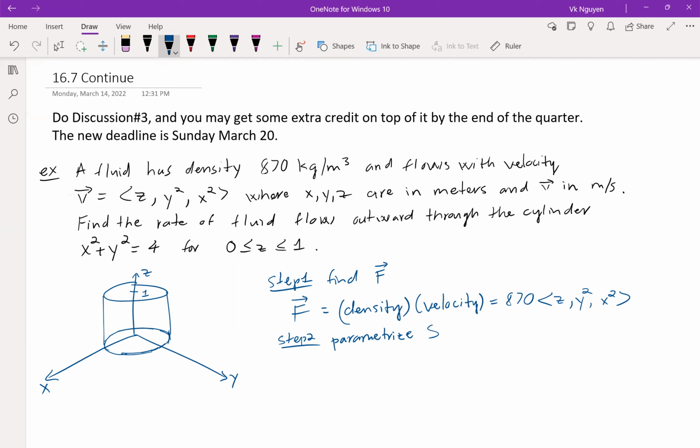Can you parameterize it using the special case? Now this is the cylinder here, and it doesn't look like you can do this with the special case at all, right? So you got to use the cylindrical coordinate.